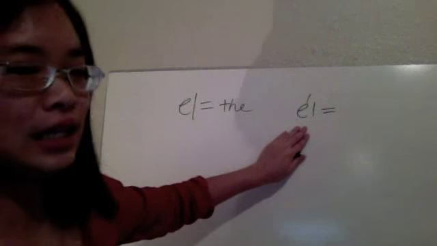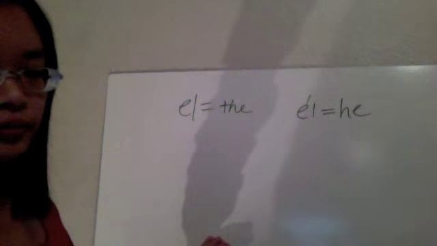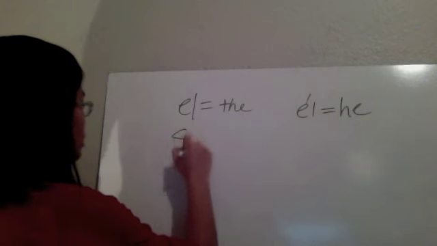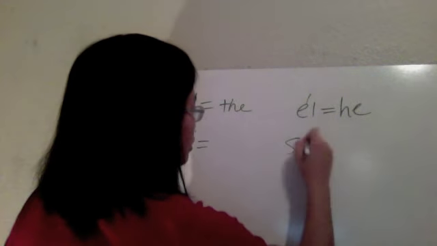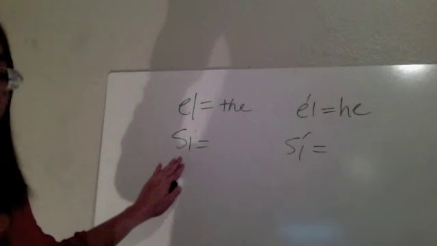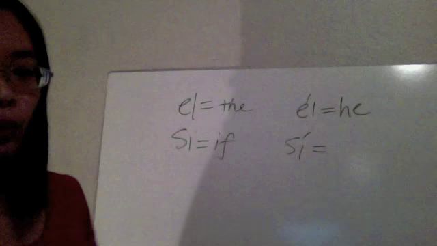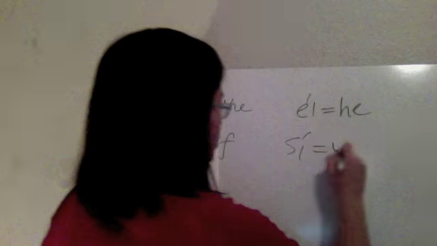With an accent, it's he, it's a subject. Same with si and sí. Si without accent mark is if. Sí with an accent mark is yes.